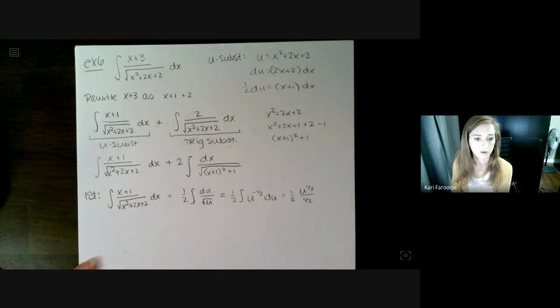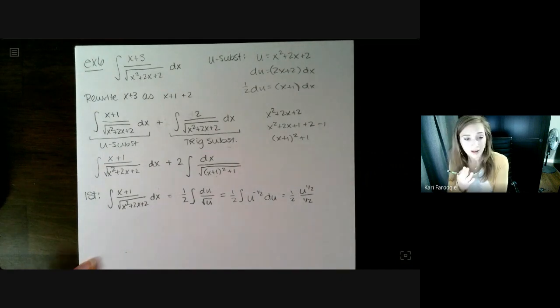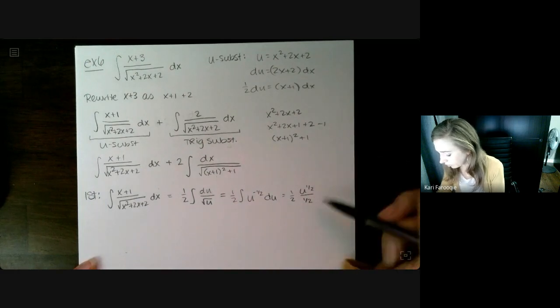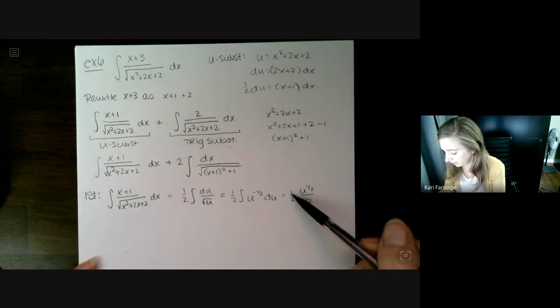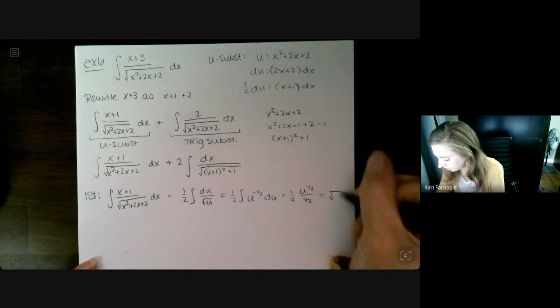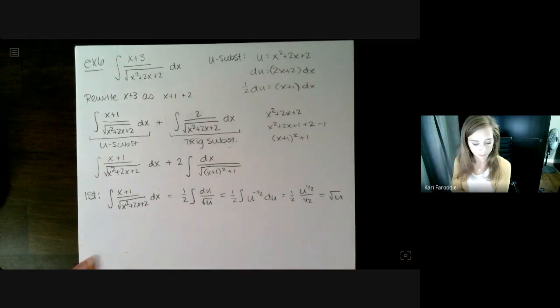And then you're going to divide by your new exponent, which is 1/2. When you divide by 1/2, you multiply by 2. 1/2 times 2 gives you 1. Or you can just think about this as 1/2 divided by 1/2 if you want to do it that way too. Either way, you just get the square root of u.